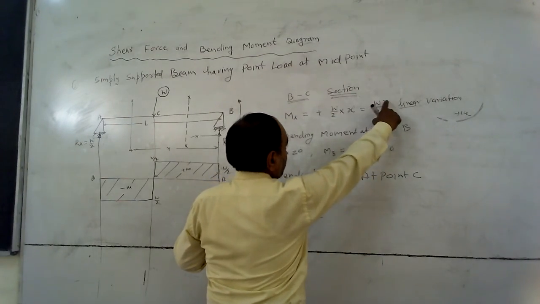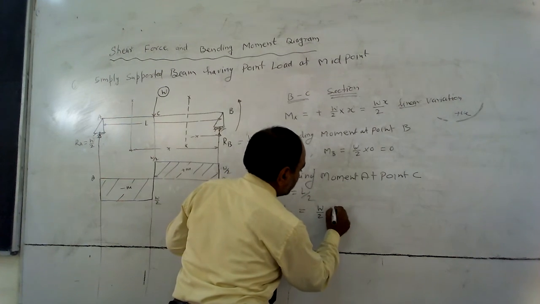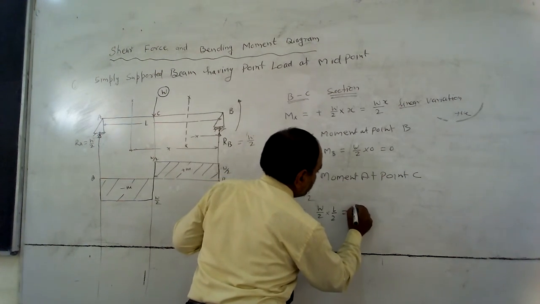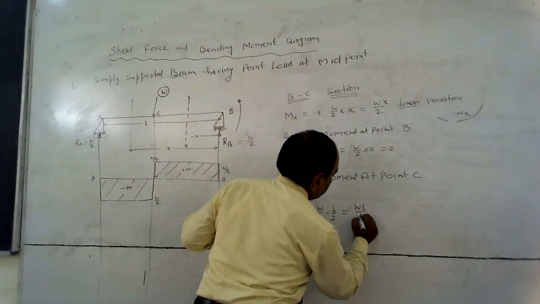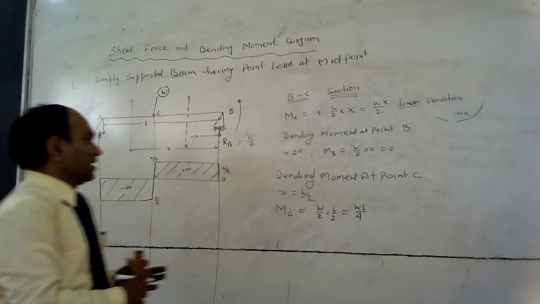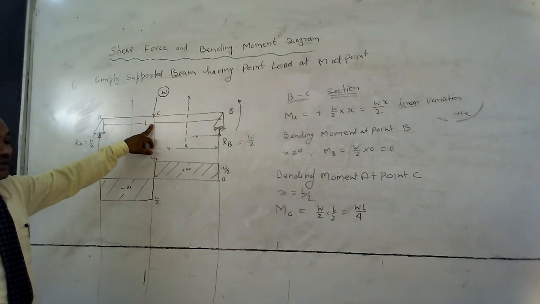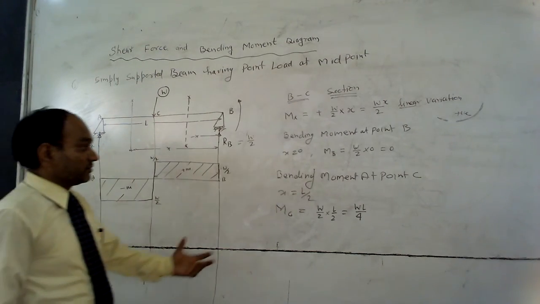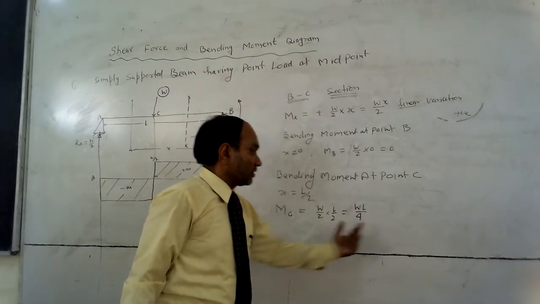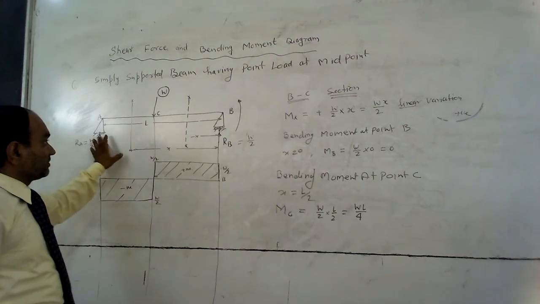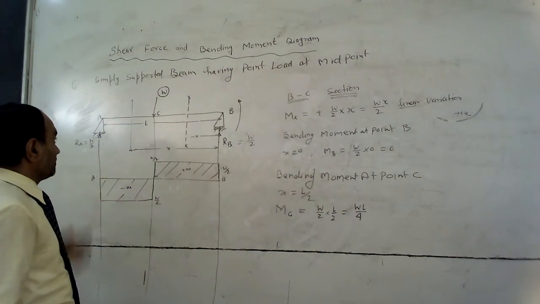Put the value here, W by 2 into L by 2, that is WL by 4. And the bending moment at point C is WL by 4. This is the maximum value of bending moment in between the beam A and B.